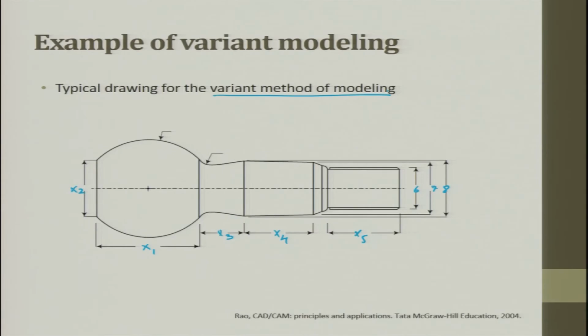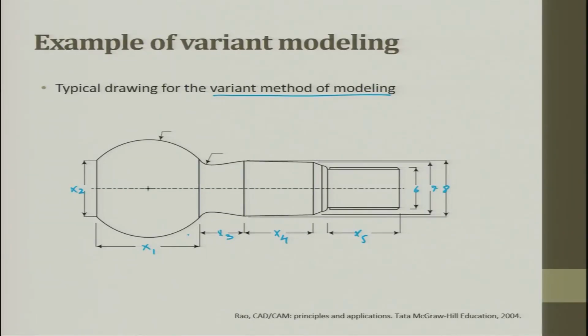Just as in cooking we can scale, when we scale up the processes also change. In manufacturing also, when we scale up from 10 parts to 20, 100, 1000 parts, the manufacturing process changes. That is a separate domain; we are talking only about CAD. In CAD there is a relationship clearly established between these variables, and when the product or component comes in front of you, you just define it and get the part. So this is a variant method of modeling.